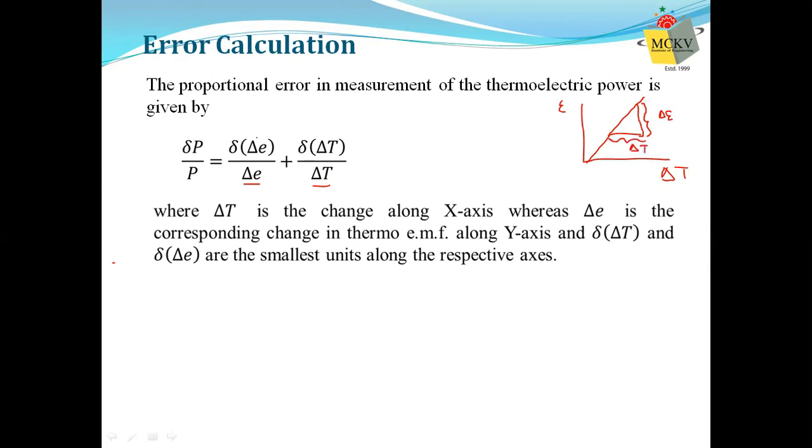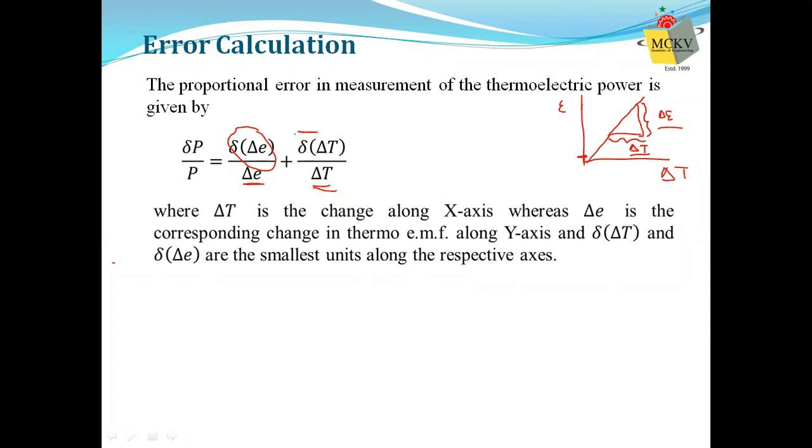Delta E is this, and delta T is this. And delta of delta E is nothing but the smallest division along the y-axis, and it depends on how you scale your graph.